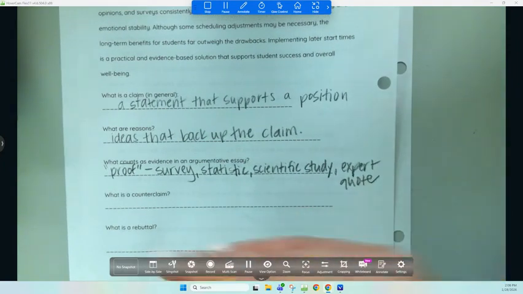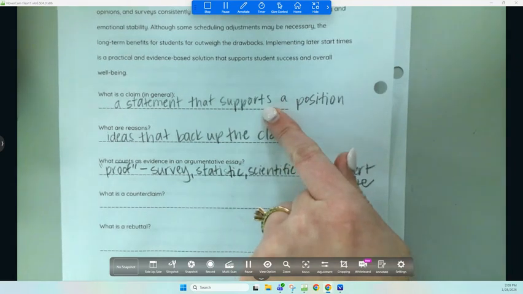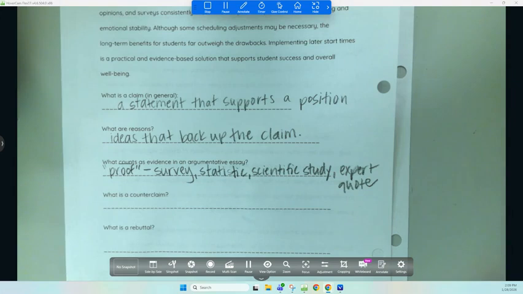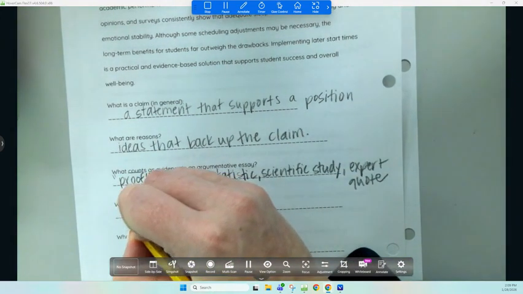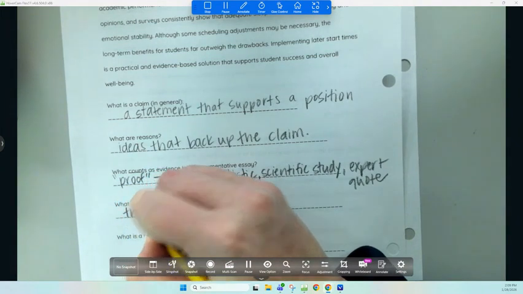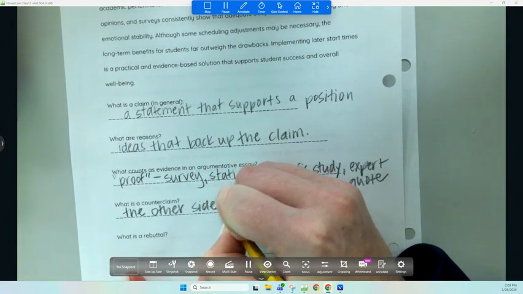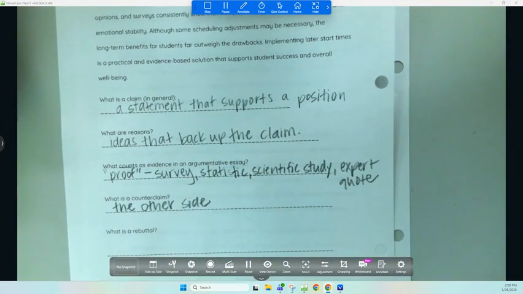Okay, now what is a counterclaim? Let's first look at the root word, which is claim, right? We know what a claim is. So add counter in front of that. That means opposite of the claim. So we've talked about it's the other side. It's just acknowledging the other side, right?